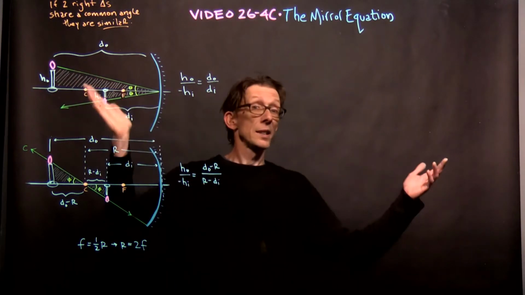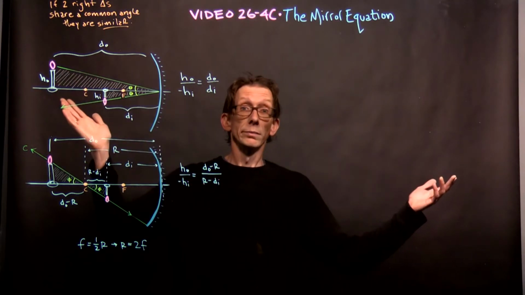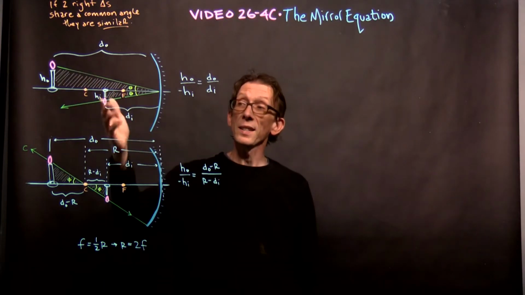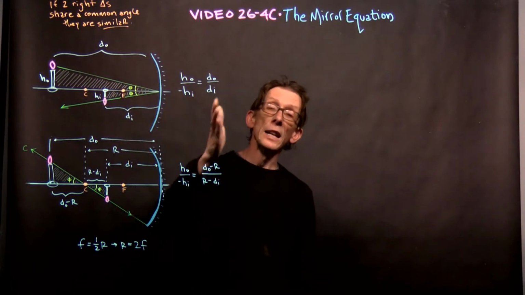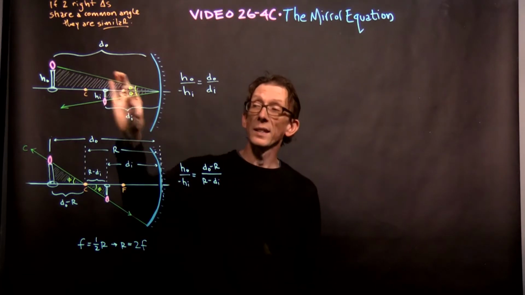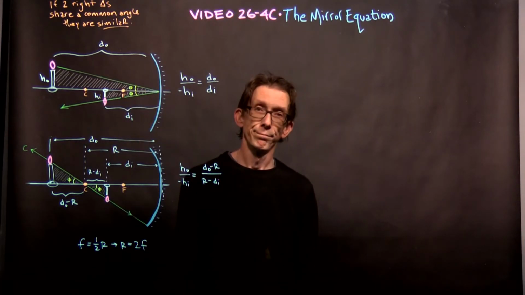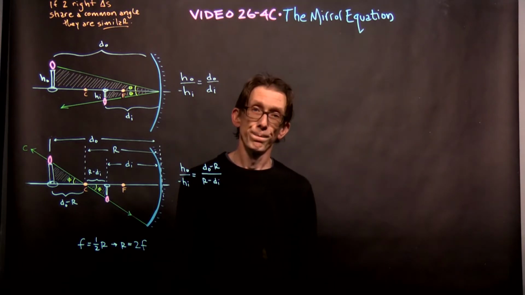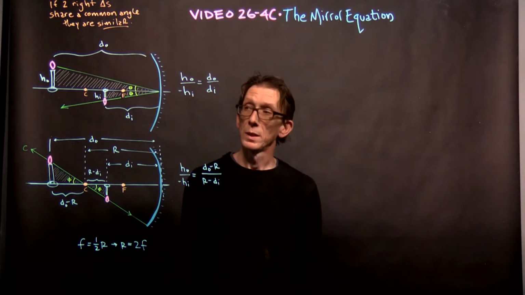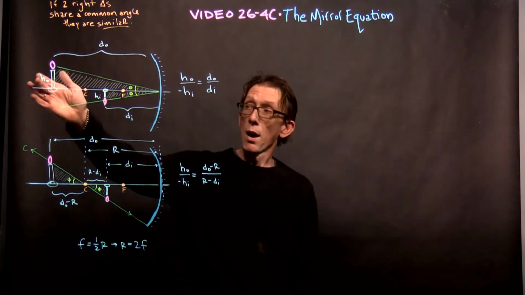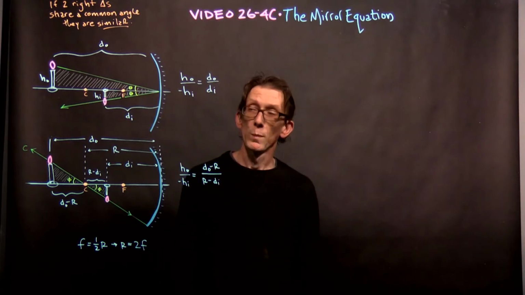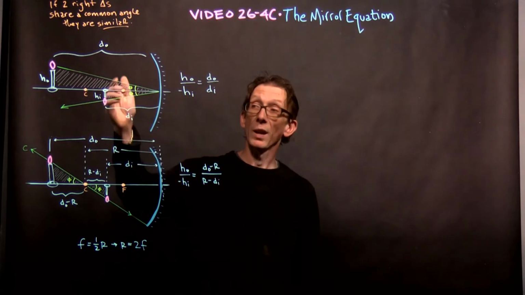Object height, say 6 centimeters, for example. Maybe the candle is 6 centimeters high. Image height, in this case, might be something like -3 centimeters. The negative means that it's upside down. A negative image height means that it's inverted relative to the object. So object height H0, image height HI. But HI is negative in this case because it's inverted.